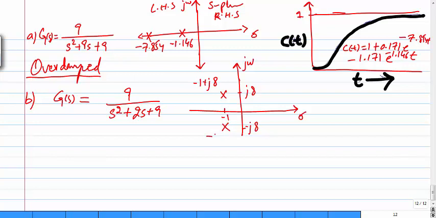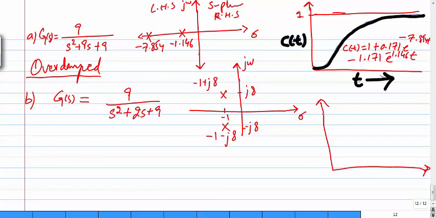Similarly here the value is minus 1 minus j8. So these are the root values. Whenever you have this type of values, when we give a step input to the system, the response looks like this. Let me draw the response here.